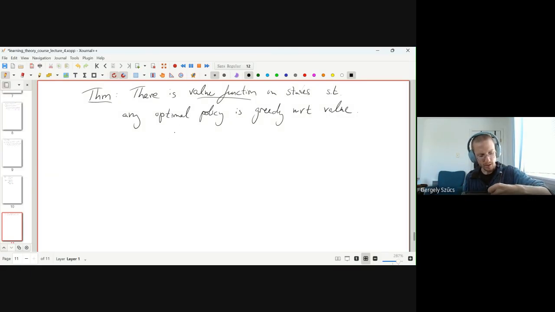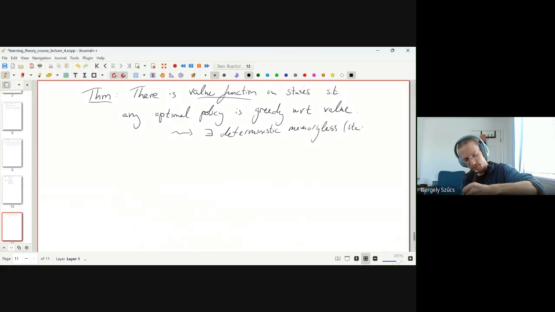And this also implies that there exists a deterministic, memoryless, which is something like a stationary, optimal policy.